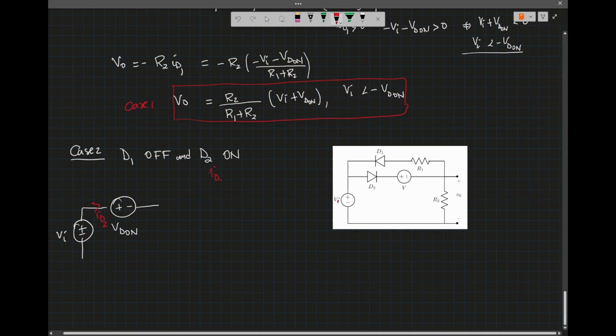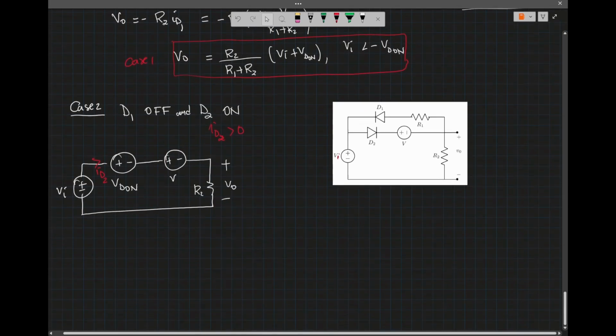ID2 will be positive. And then we have this constant voltage source V, and we have R2, and the voltage there is V0.